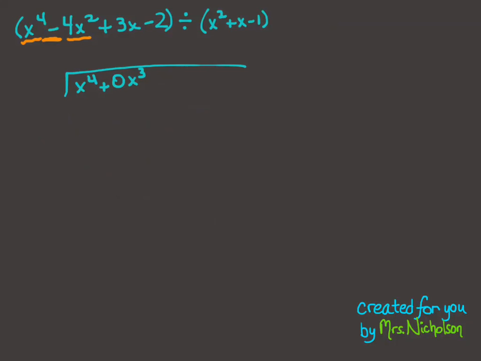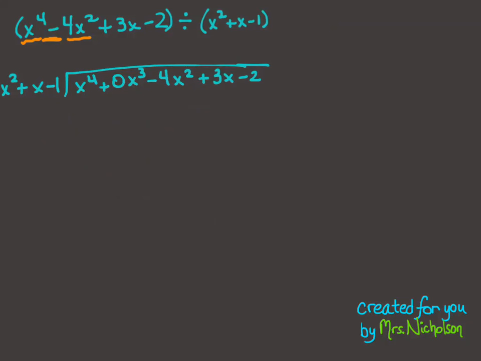So I'm going to add in a 0x cubed right there after the x to the fourth, and then go ahead and finish writing out the rest of the polynomial, because there's no other terms that are skipped. And then we're going to divide by x squared plus x minus 1.